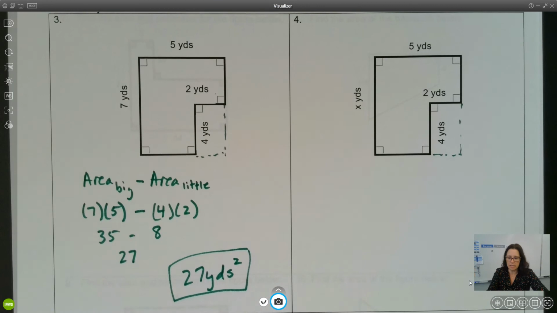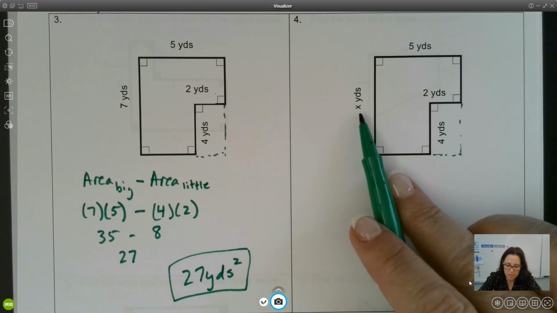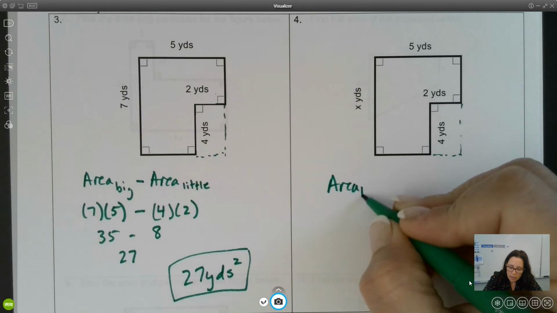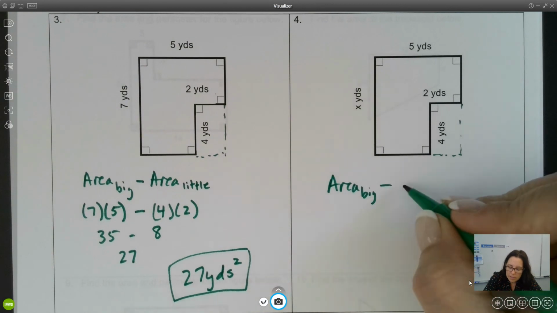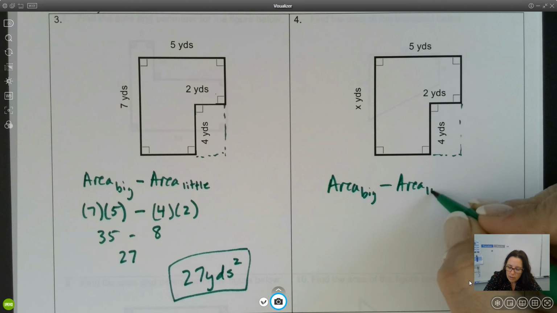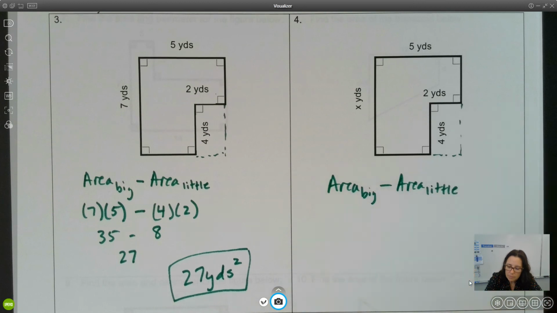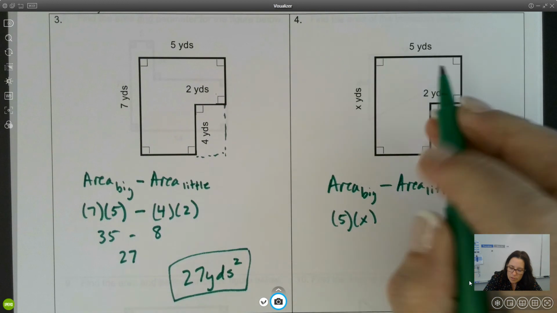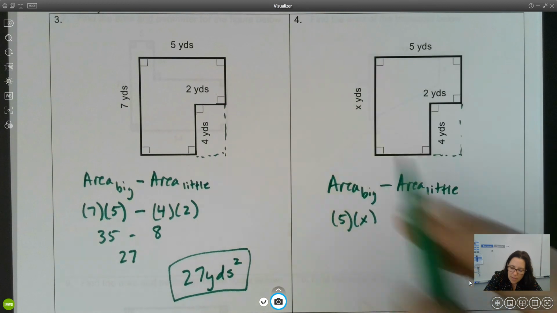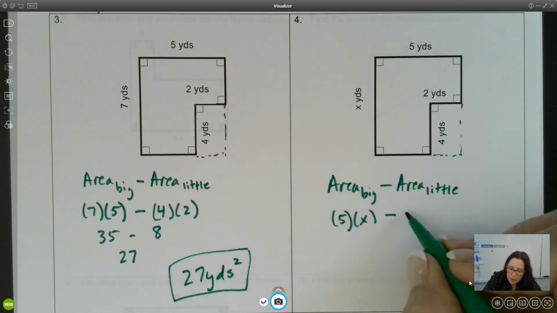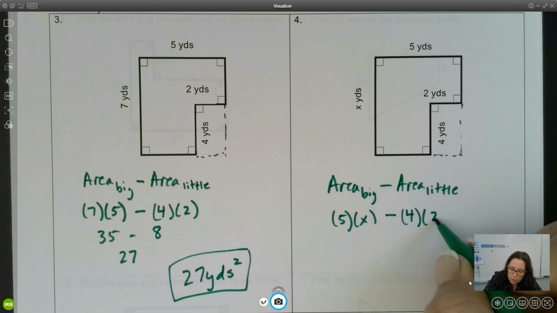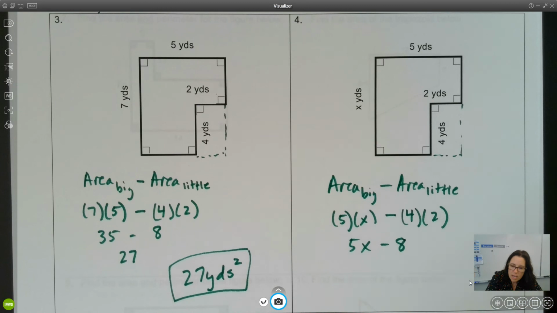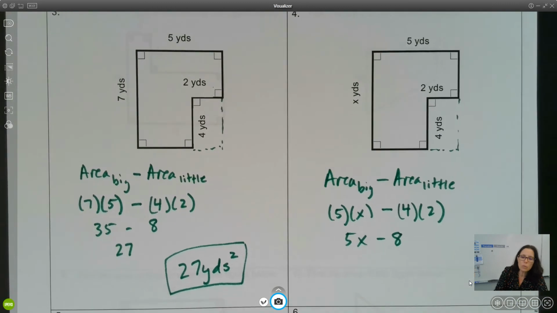You have numbers all over the place. Now what happens if we throw an x in? We're going to do the same thing: area of the big minus area of the little. This time we've got 5 times x for this whole thing, and we're going to take out this 4 by 2. So this is just going to be 5x minus 8, and it doesn't go anywhere.